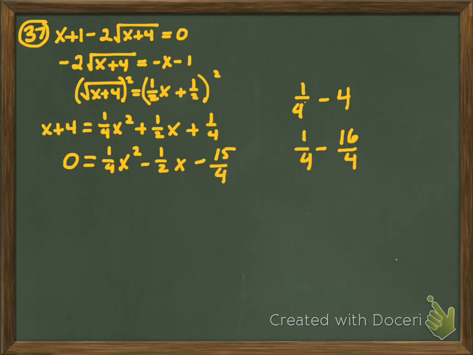Fractions. Well, when you can, you should kill them. And I'm going to show you how. I did say that. Okay? So, what is the least common denominator of halves and fourths? 4. 2 is not a common denominator. Okay?